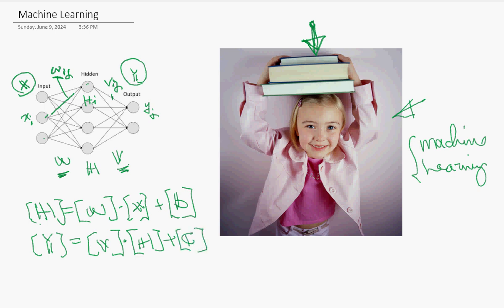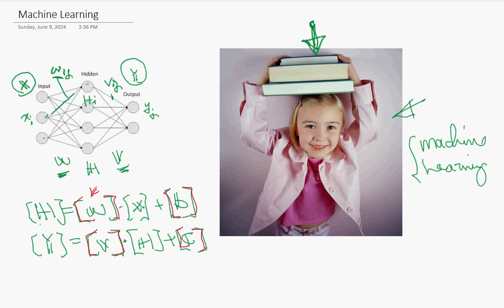Okay, so which part we don't know? We don't know this one, and this one, and this one, and this one. And this is a matrix, so a lot of matrix elements need to be determined.